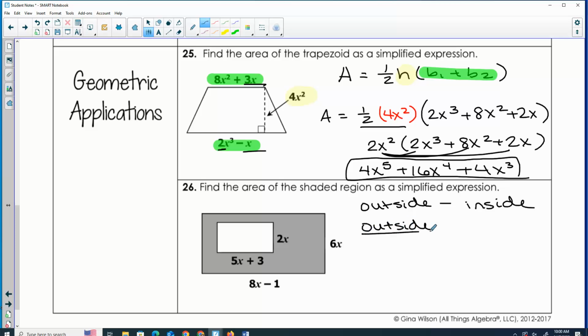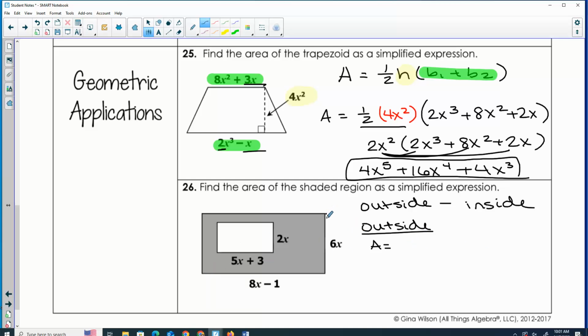If I wanted the outside area, how do you find the area of a rectangle? You had it on our last test. That's perimeter, so you're close. Yep, length times width or base times height, however you want to think about it.